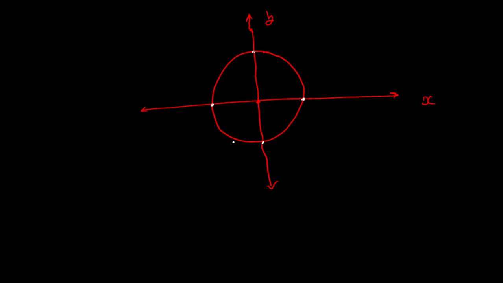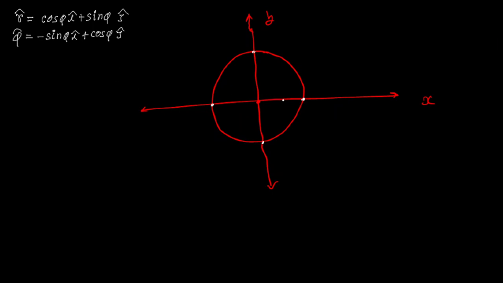for that we have already derived the values of r cap and phi cap. Let me write them here again. r cap we have defined as cos phi i cap plus sin phi j cap, and phi cap we have defined as minus sin phi i cap plus cos phi j cap.